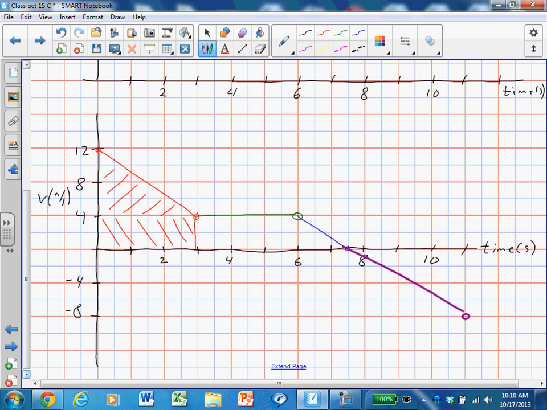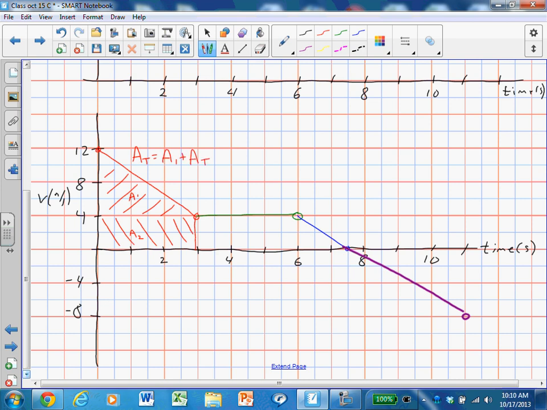So the total area, I'll just do A1 and A2. And that will give me how much I change in position. So the area under the curve gives us a change in position.